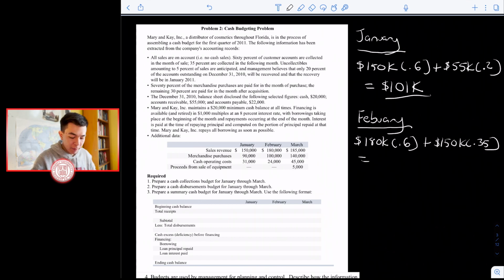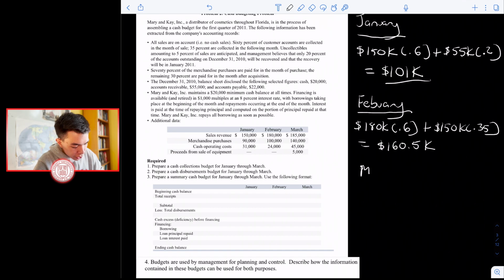And we add that up, 180,000 times 60% plus 150,000 times 0.35, and we get $160.5 thousand.